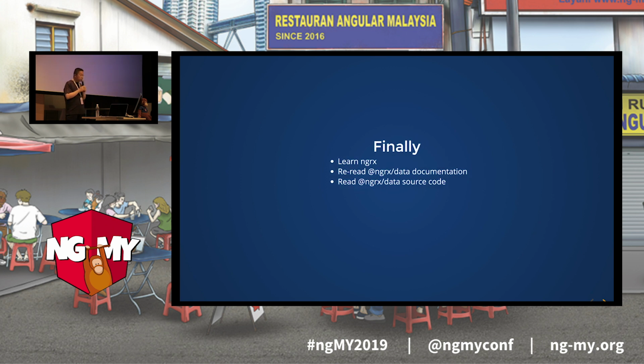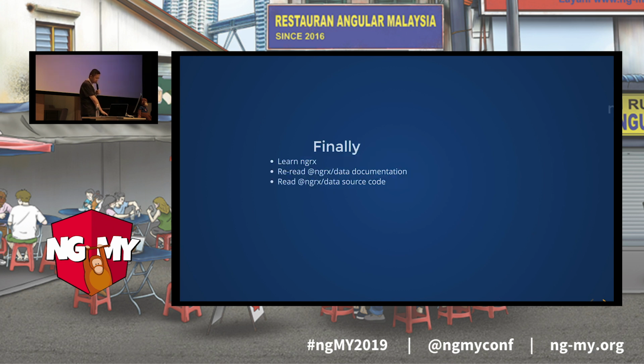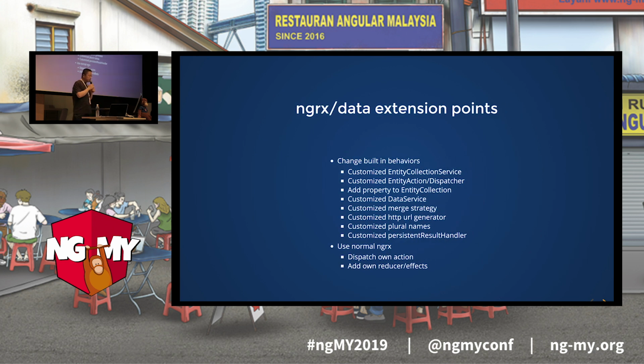Finally, we had to learn the NgRx concepts and read the NgRx-data source code to find out how to do the real deeper customization. And we found out NgRx-data did a lot of solid work and provided a lot of extension points. Basically, everything can be overridden by the user.